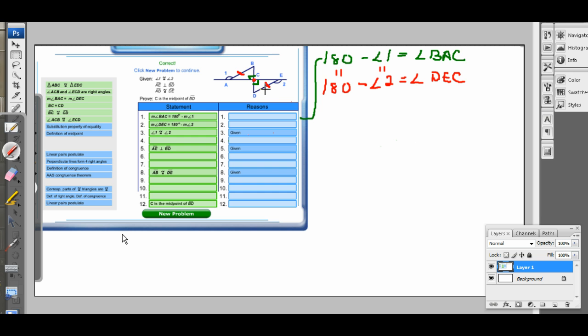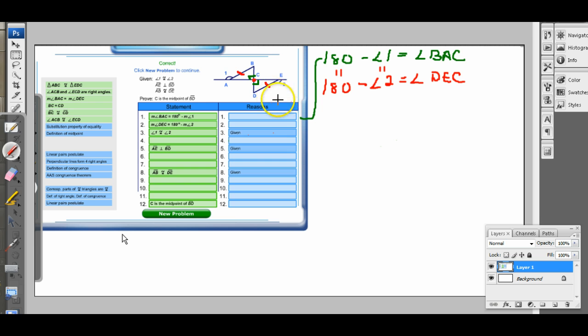To show that the triangles are congruent to each other, we have to show that their corresponding parts are congruent, whether it be sides, angles, or what have you. So we have to start there with the parts of these triangles showing congruency.